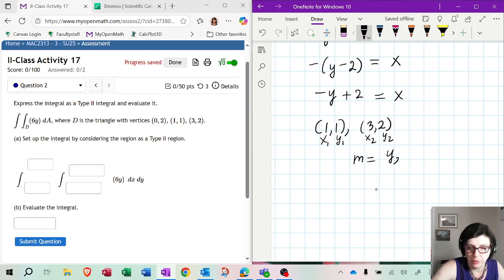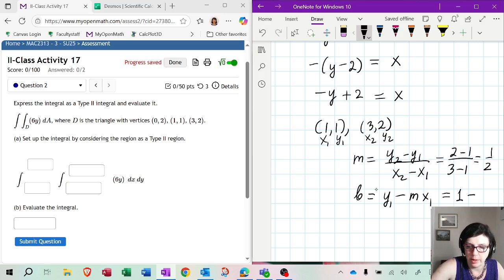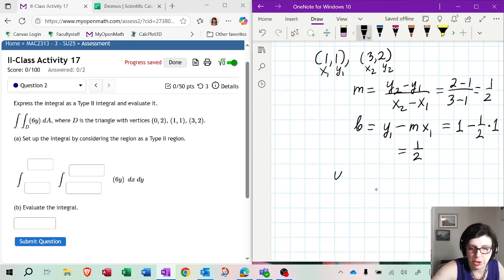The slope is y2 minus y1 divided by x2 minus x1, which means 2 minus 1 divided by 3 minus 1, which is 1/2. The y-intercept is y1 minus m x1, so 1 minus 1/2 times 1, which is 1/2. So this line has equation y equals 1/2 x plus 1/2.